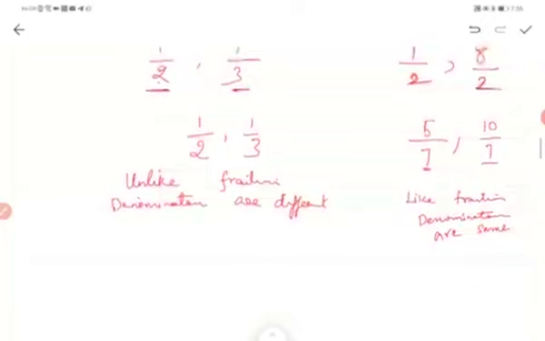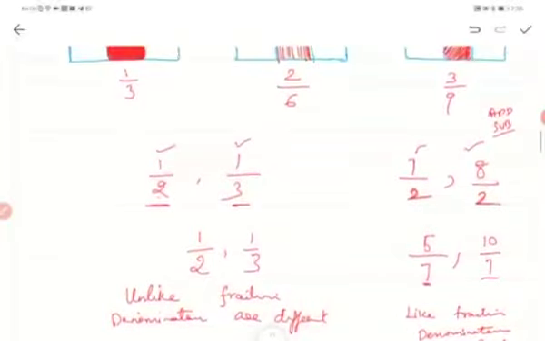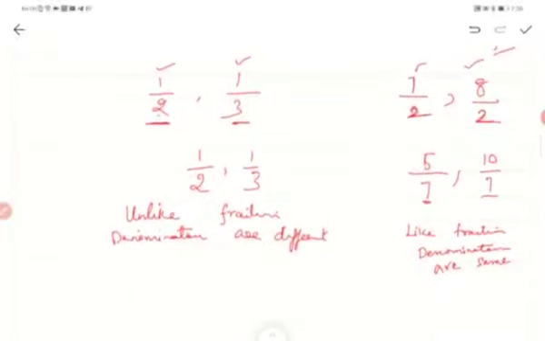All right, so for any problem given on basic operations like addition and subtraction, you will first check whether they are like. And if you are comparing also, if I ask you which fraction is greater, in like fractions it's easy to tell which fraction is bigger.